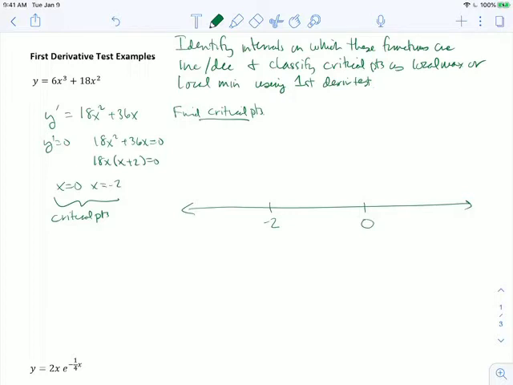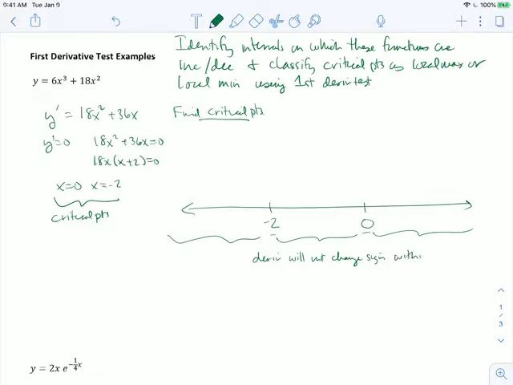And if -2 and 0 are the only places where the derivative is equal to 0, then what must be the case is that on these three intervals, for numbers less than -2, for numbers between -2 and 0, and for numbers bigger than 0, the derivative will not change sign within these intervals.